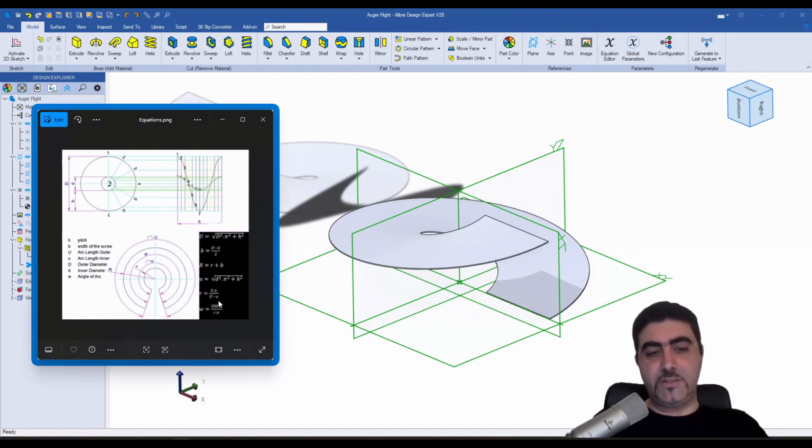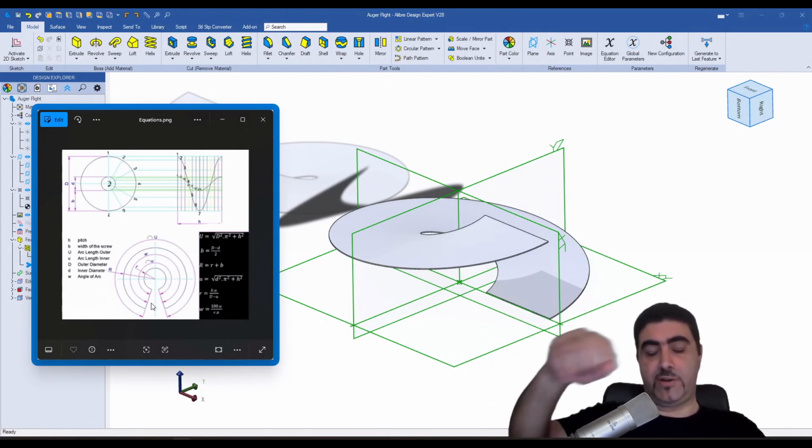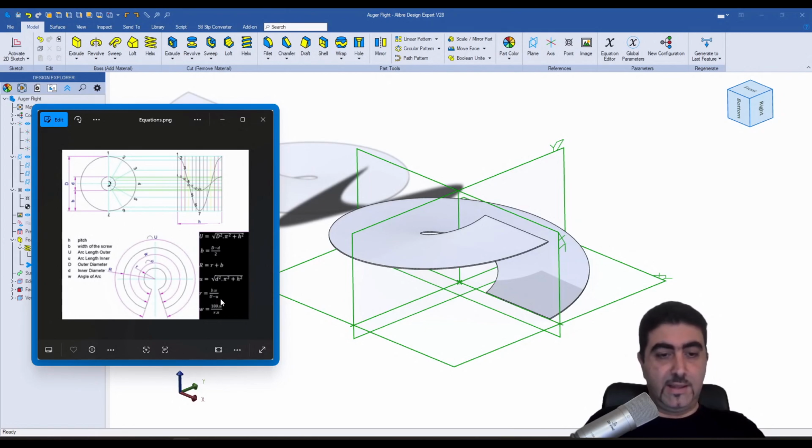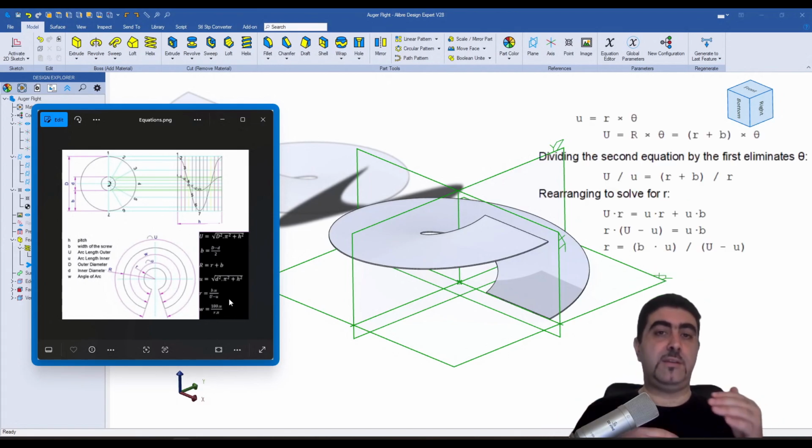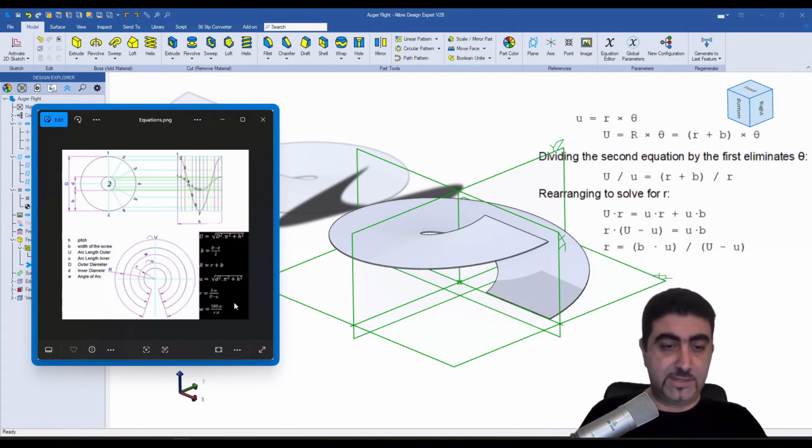So the way to get to this pretty quickly is you define the small radius and the large radius to be the arc length we just calculated times the angle theta that it goes around for, in radians. You do that for the small inner radius and for the larger outer radius. Then you take these two equations, divide them, and that's what you get.